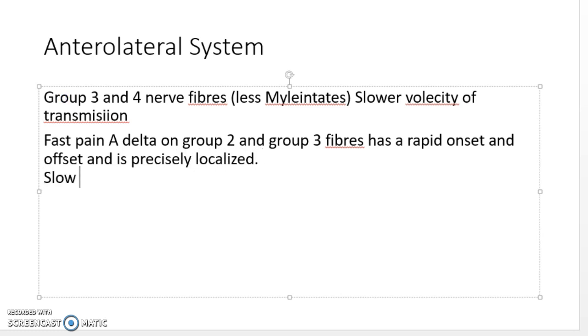Then there is slow pain, for example burn or itchiness, which is carried by C fibers.